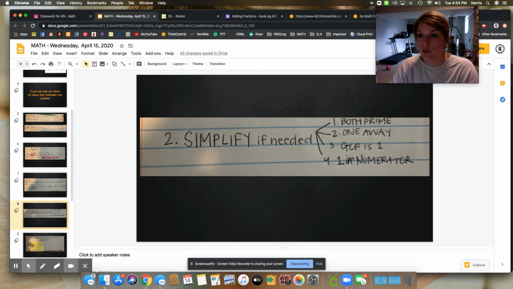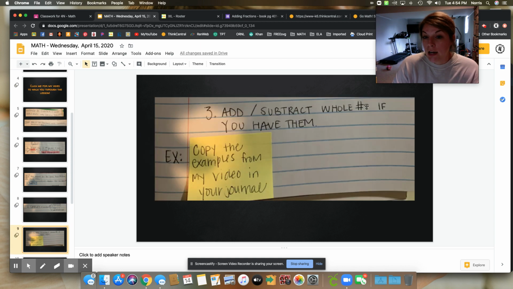If it's 1 away, remember 1 over 2, 2 over 3, 3 over 4, 4 over 5. If they're 1 away, they're already in simplest form. If their greatest common factor is 1, so they don't share any common factor, and if there's a 1 in the numerator. So there are 4 shortcuts to help you know if an answer is already in simplest form, okay? And then step 3, you are going to add and subtract whole numbers.